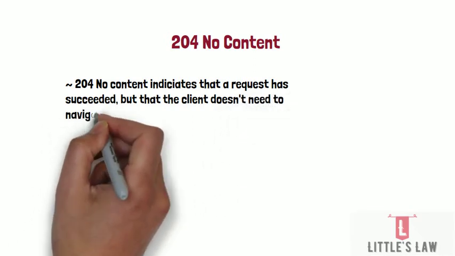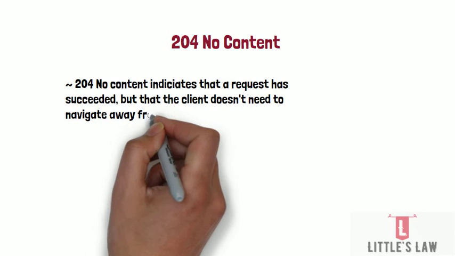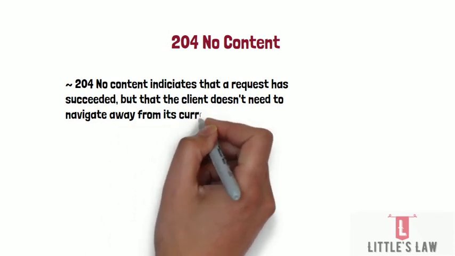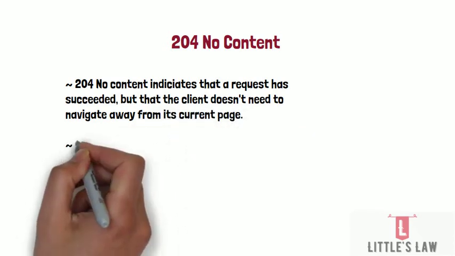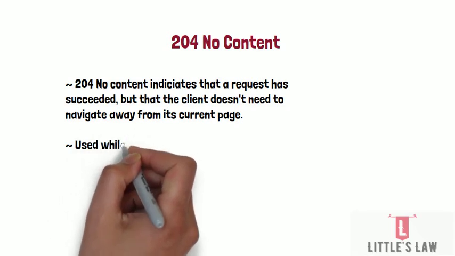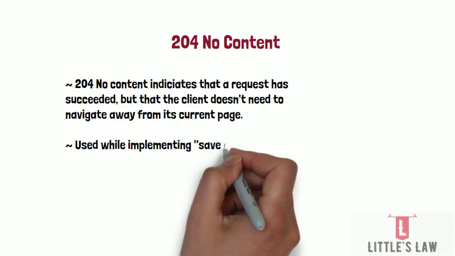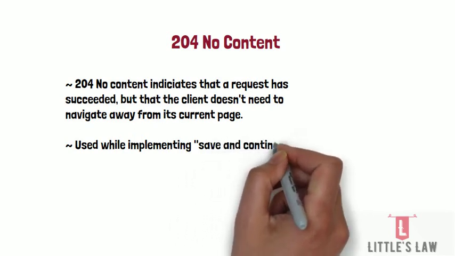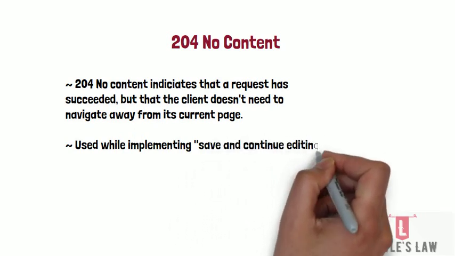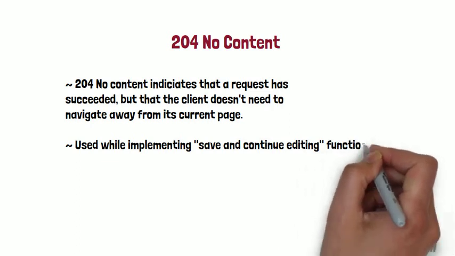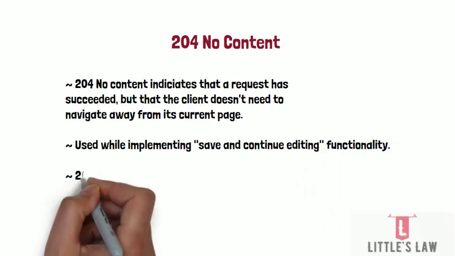This might be used, for example, when implementing save and continue editing. In this case, a PUT request would be used to save the page, and the 204 No Content response would be sent to indicate that the editor should not be replaced by some other page.